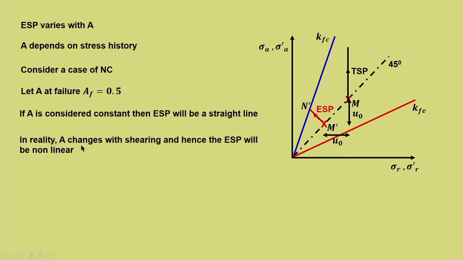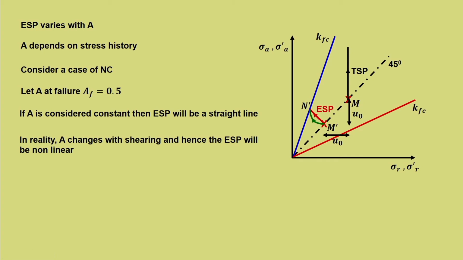And in reality, this straight line is a case when AF is equal to 0.5, that is considered to be constant. But A changes with shearing, and hence the effective stress path will be non-linear. Every time it keeps changing. So, if you consider the variation of A with respect to shearing, then it will be more like a non-linear effective stress path.